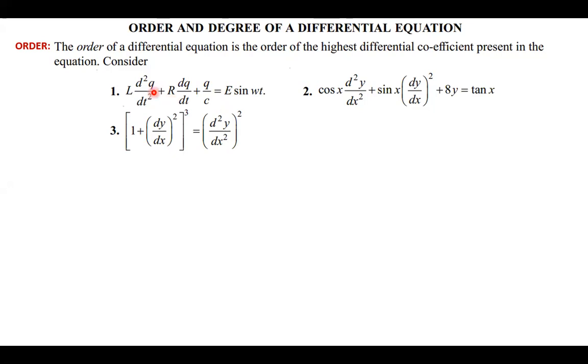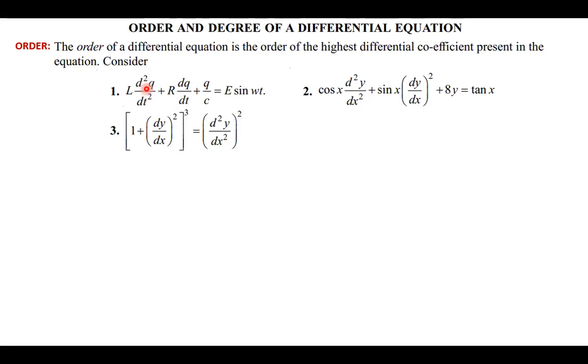On the first one here, I was saying the order is 2. Why? Because that's the highest number that you can see in this equation. Let me give examples on the dy/dx, the ones we are used to.